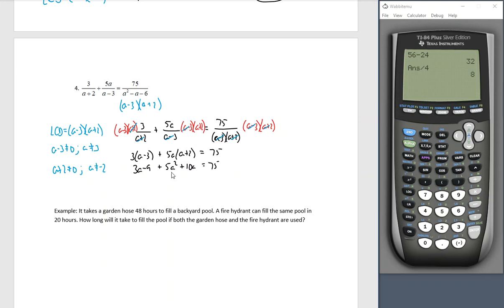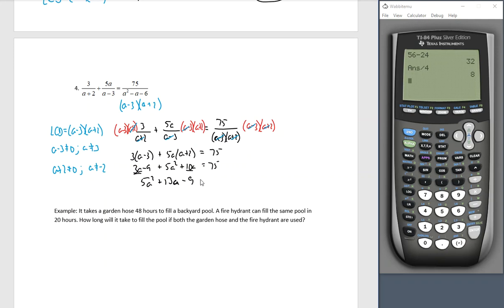As soon as I said a squared, alarm bells went off in my head. So we have a quadratic. We have to solve this. Anytime we're solving a quadratic, we'll get everything on one side of the equal sign and set it equal to 0. So we have a 5a squared. The 3a and the 10a make 13a minus 9.